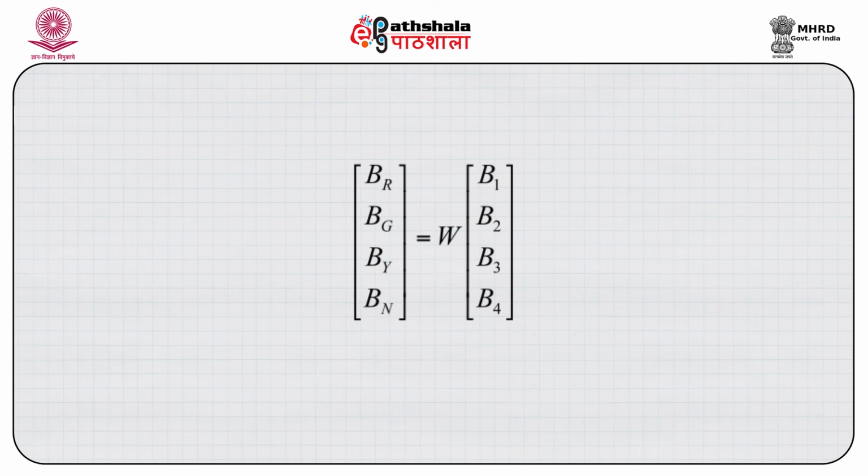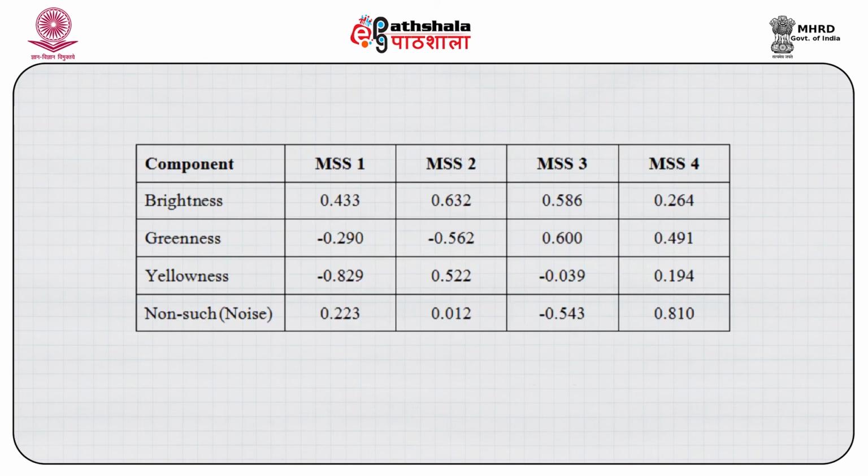Then here B1, B2, B3, B4 are 4 different bands of the multispectral image. W is a weight function suggested by Kauth and Thomas, and they have suggested weights for brightness, greenness, yellowness and non-such.